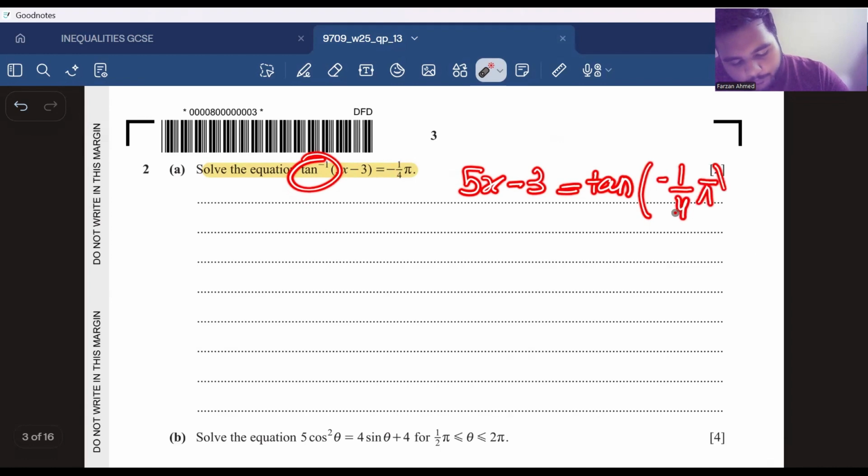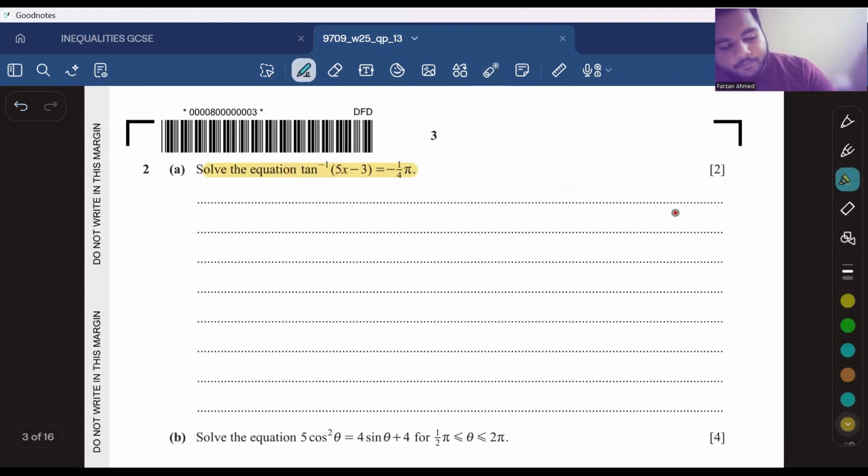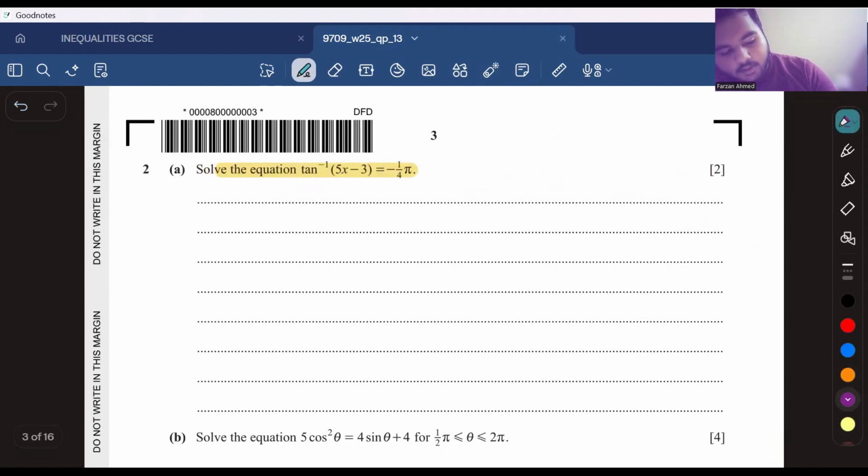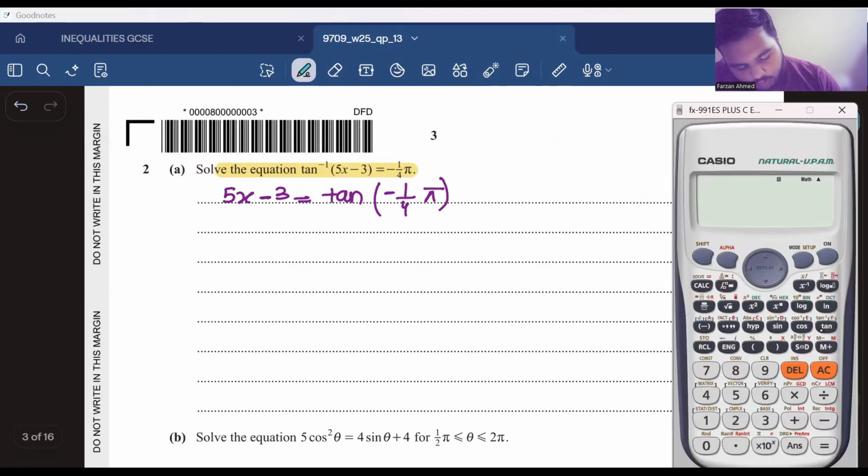Okay, so 5x minus 3 is equal to tan of minus 1 upon 4 pi. What is tan of minus 1 upon 4 pi? So look, my calculator is in radian mode. So tan of minus 1 upon 4 pi is equal to minus 1.